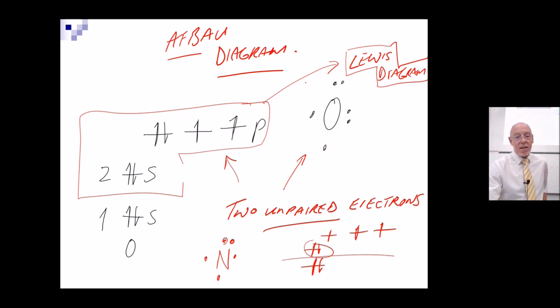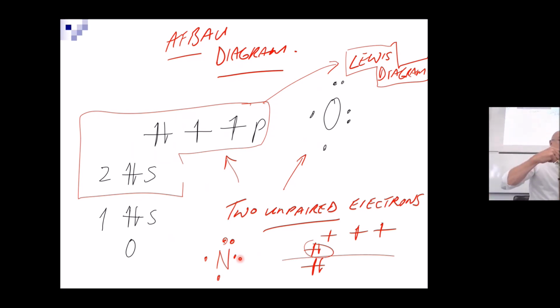All I'm showing here is why, when we draw these atoms, and I say to you, okay, now, nitrogen has got a valency of 3, and I'm drawing the 5 electrons around the nitrogen like that, you might think, well, why are you drawing them like that?